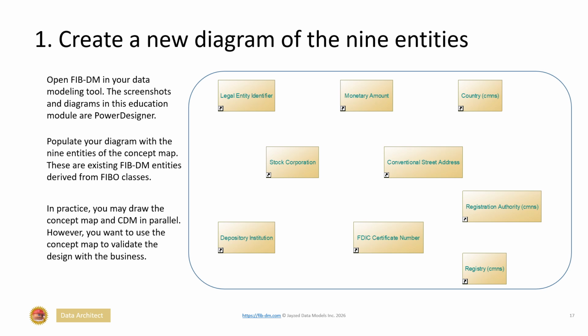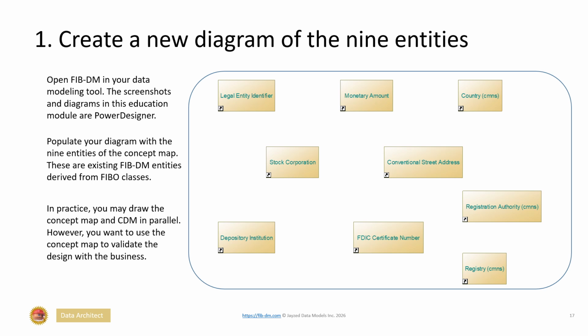So we open FIB-DM in the data modeling tool, and here the screenshots are PowerDesigner, but you can easily replicate, follow along in ERWin or other tools. So we create a PowerDesigner package, ERWin subject area, and just populate it with these 9 entities.